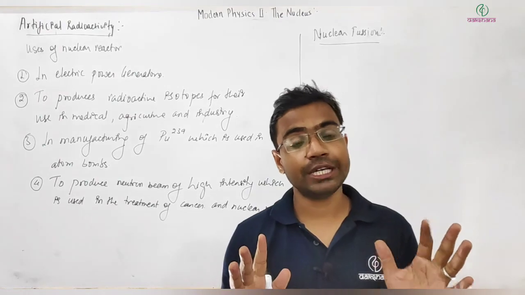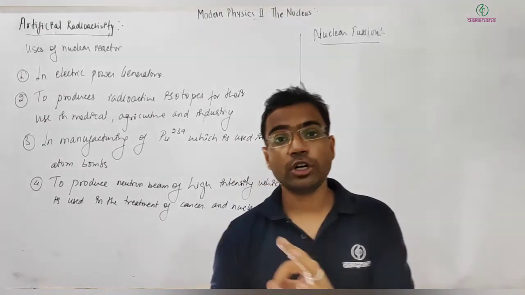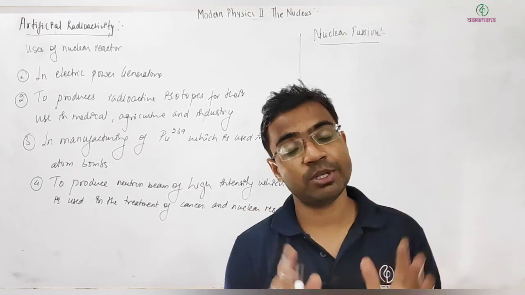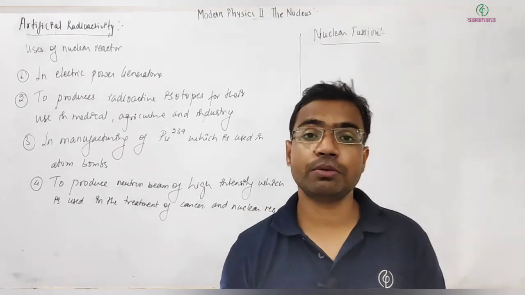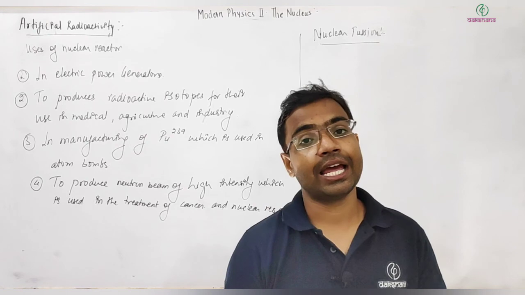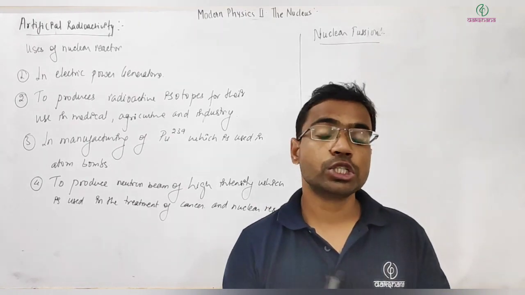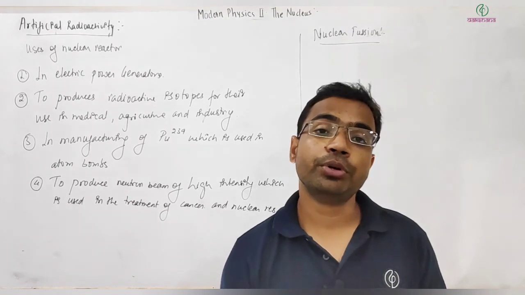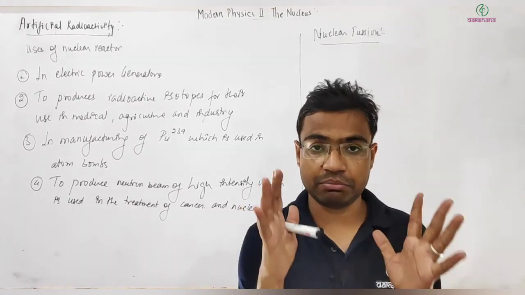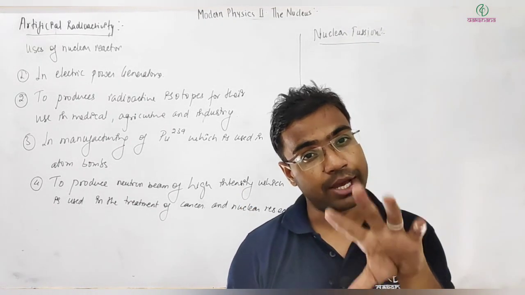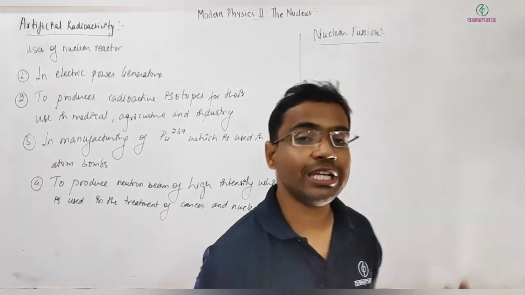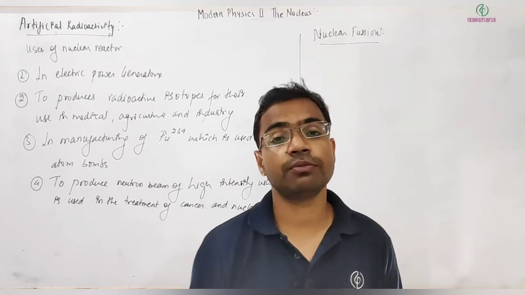Another point is that we don't have any material which can withstand that much pressure at 10 to the power 7 or 8 Kelvin temperature. That's why up to now we can't produce any system for creating that much high temperature and pressure and to start the nuclear fusion process.